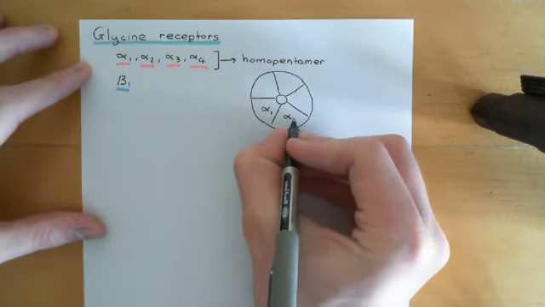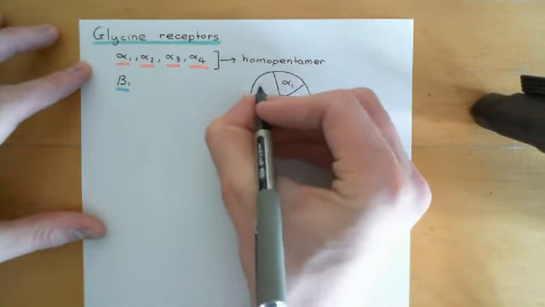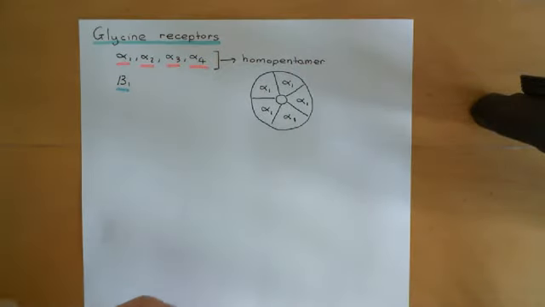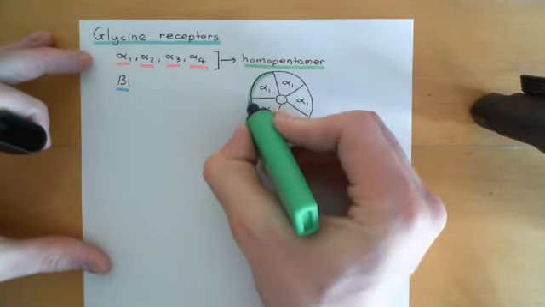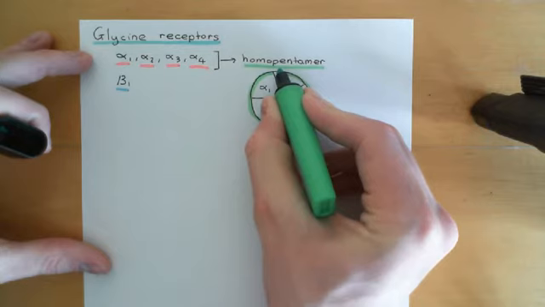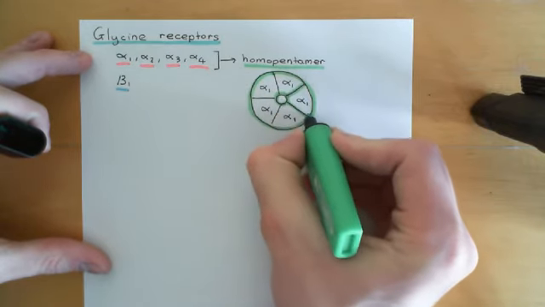So let's say I picked alpha 1. I'd stick alpha 1 in all 5 of these sockets like so to create an alpha 1 homopentamer. You can do this for absolutely all of those 4 alpha subunits. It's not just alpha 1 that you can do this for. All of them can form homopentamers like this.